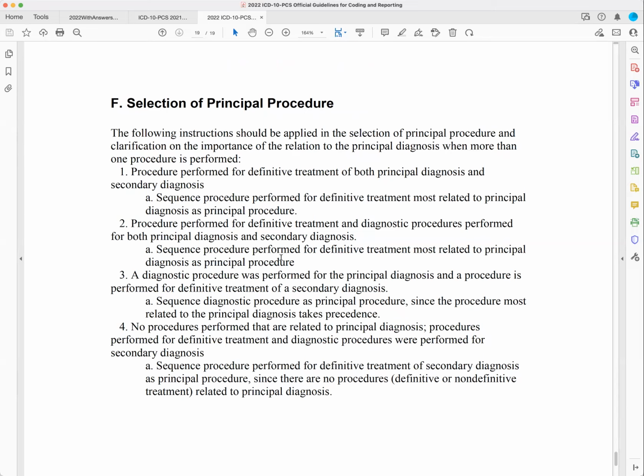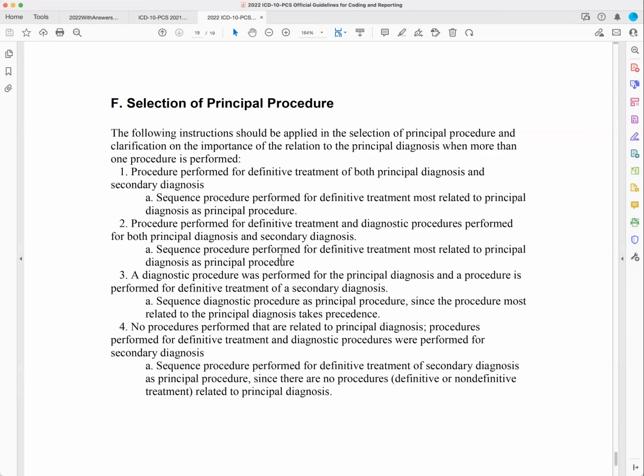And so with a lot of the coding case scenarios that you do in a classroom environment, when you're learning how to do ICD-10-PCS coding, a lot of times you're just given little snippets, because PCS is often taught completely separate from ICD-10-CM. We're really just trying to get you to have a good understanding of the code set and how to apply it. So we're not going into all the ins and outs of inpatient coding.